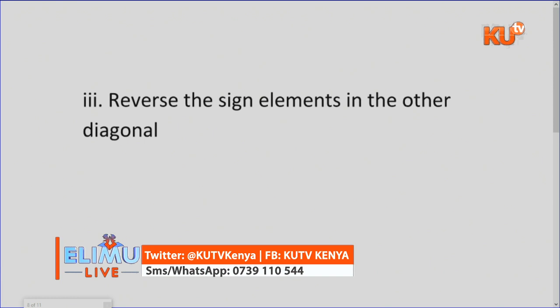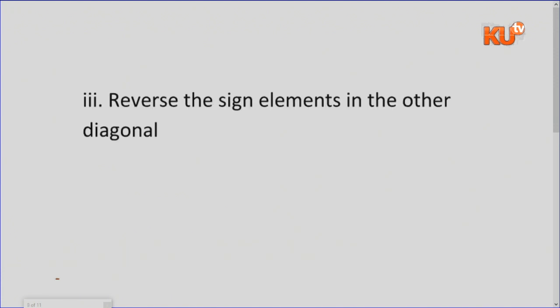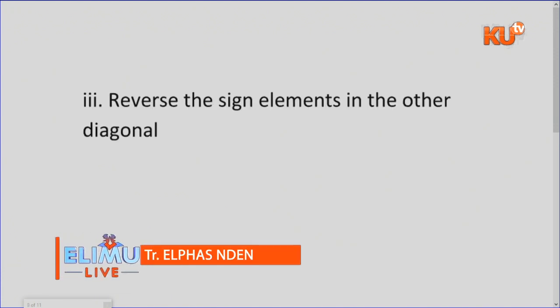Reversing the signs means if the sign assigned to the element is negative, it turns positive; if it is positive, it turns negative. Step number 3, you simply divide the matrix by its determinant.